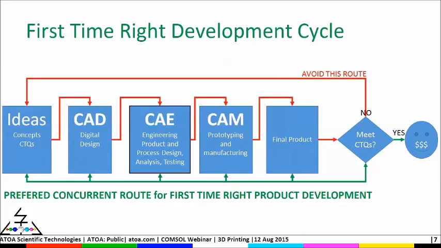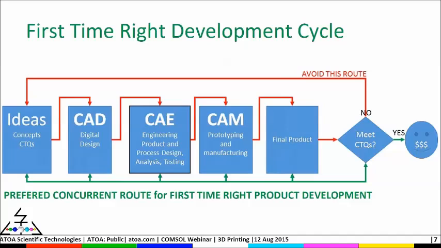It is better to avoid these kinds of sequential product development even within the computer-aided product development environment. The green line at the bottom is a concurrent development process with a feedback loop within each stage to ensure that the product development meets the CTQs.